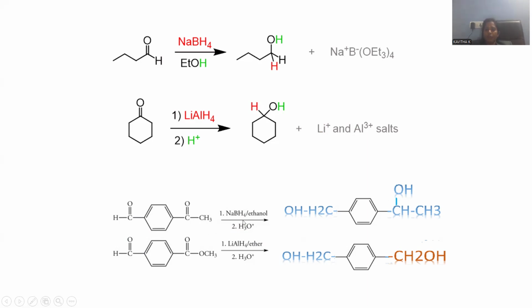Treated with sodium borohydride dissolved in an ethanol solvent and subjected to acidified water workup conditions, there is an obvious product: aldehyde turned into a primary alcohol compound. And here is the ketone, obviously that will be reduced to give rise to a secondary alcohol.